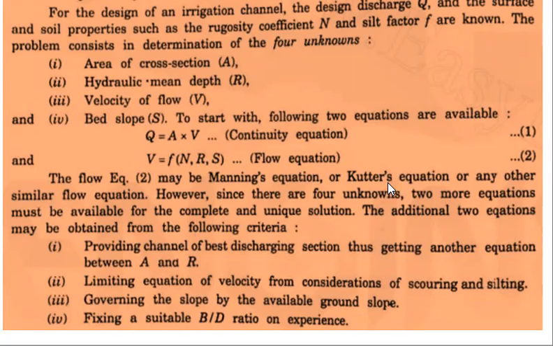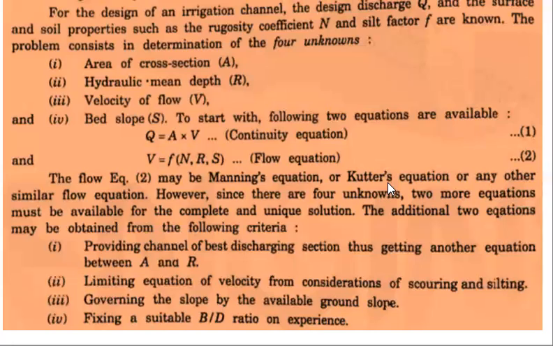So under such condition, the channel is to be designed such that the velocity of flow neither scours nor silts the canal, right? So this non-silting and non-scouring velocity is known as regime velocity, and such kind of canal which supports non-silting and non-scouring velocity is called a regime channel, right?